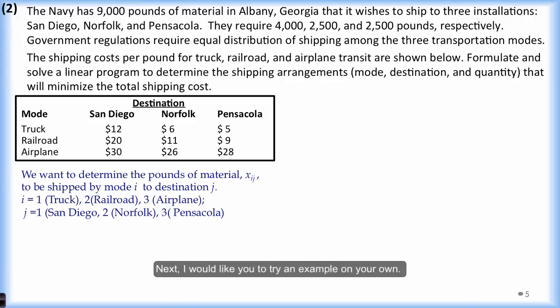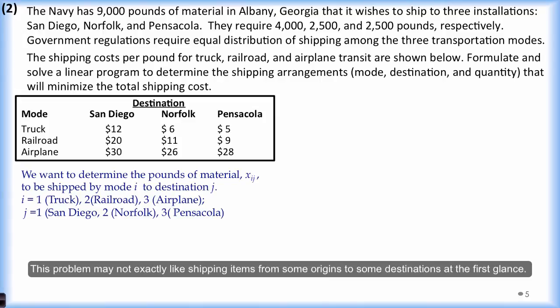Next, I would like you to try an example on your own. This problem may not look exactly like shipping items from some origins to some destinations at first glance. But if you look closely, you will see that we can use the same logic to formulate the problem.